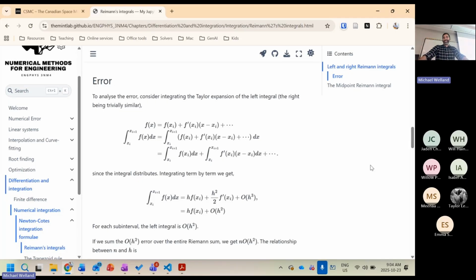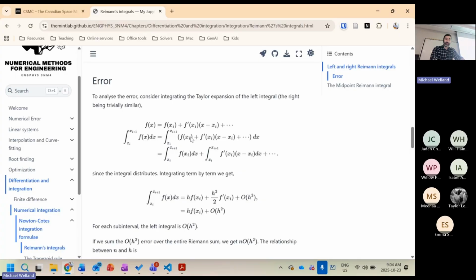To analyze the error, we do Taylor expansions. I warned you, Taylor expansions are going to be all over this for the rest of the semester. Taylor expansions through the wazoo. Oh, I forgot to mention dual numbers. Okay. So what you have to do is you just write out your Taylor expansion, right?